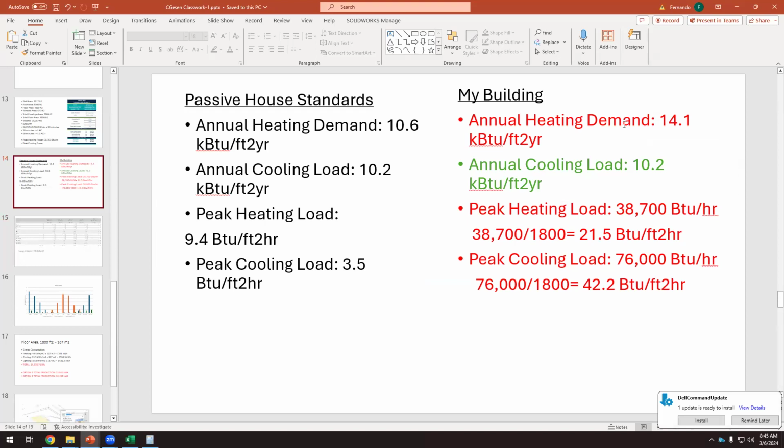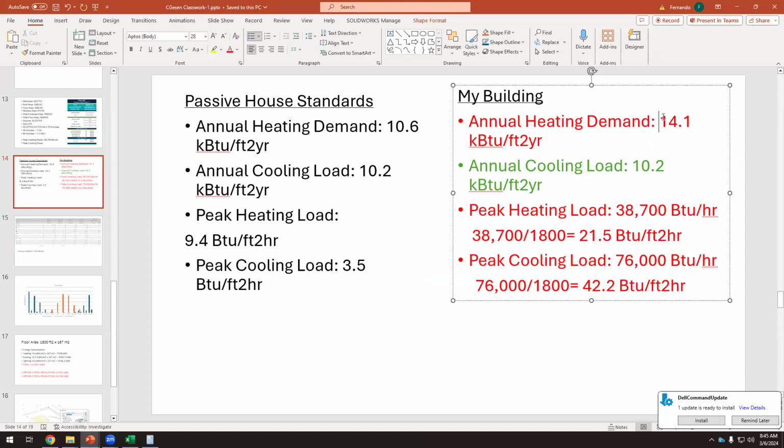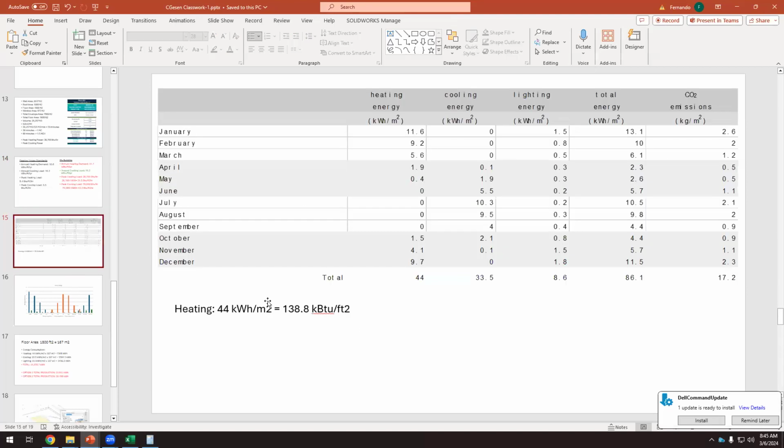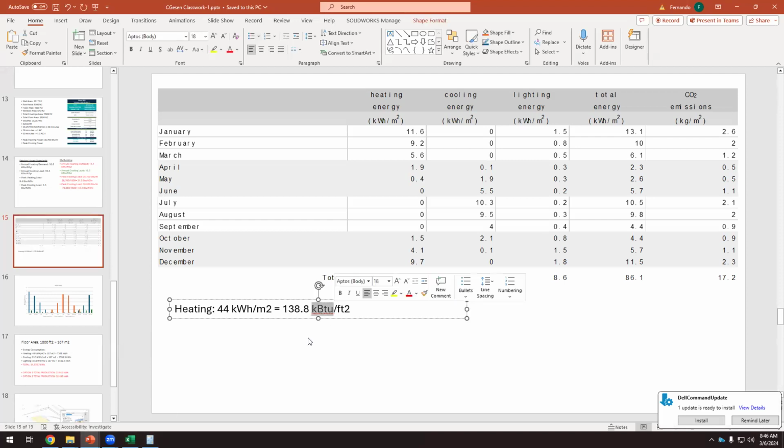So the annual cooling demand, it's not 14. Yeah, so if I'm not wrong, that is the one. And in cooling, we will have 33, and we have to convert this again into kBTU per square feet.